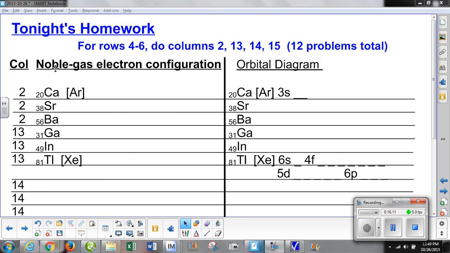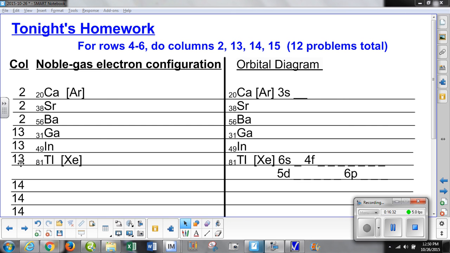So those are the elements that we're going to do noble gas configurations for and orbital diagrams. I would appreciate it if you'd lay your homework out exactly the way you see it here. So the electron configuration will be on the left and the orbital diagram on the right.